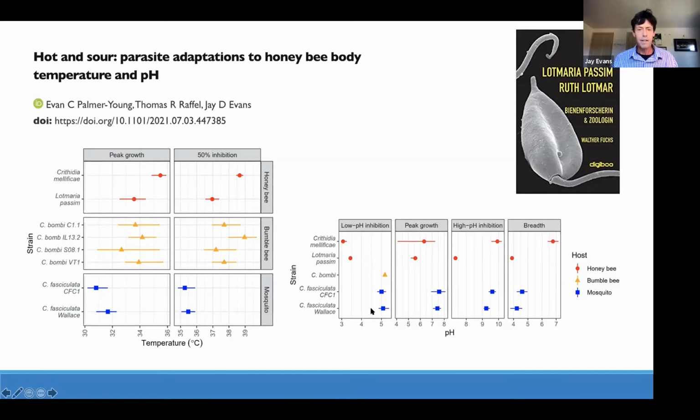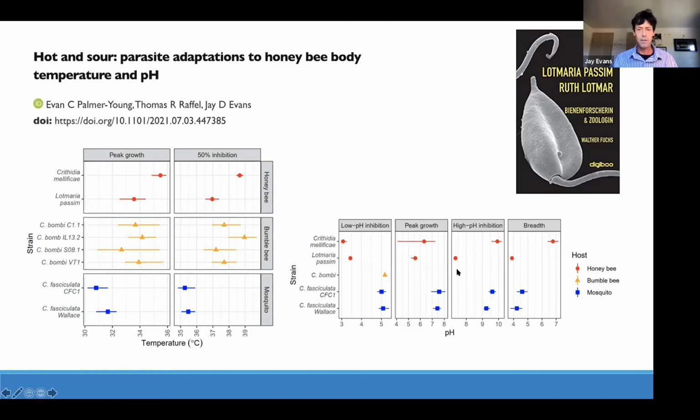Then he did the same thing, but with pH. And again, this is a measure maybe of these gut microbes shifting the pH. And again, the two bee ones were fairly different from each other. And so our gut feeling now is maybe Lotmaria is kind of working its way into the system from somewhere else.